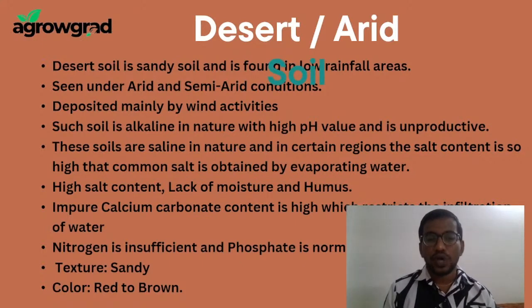The calcium carbonate content is high, which restricts the infiltration of water. The nitrogen is insufficient, phosphate is normal, the texture is sandy and the color is red to blue. Even if you pour water, the salt content makes it evaporate easily. So in a desert soil, we cannot grow any crop.